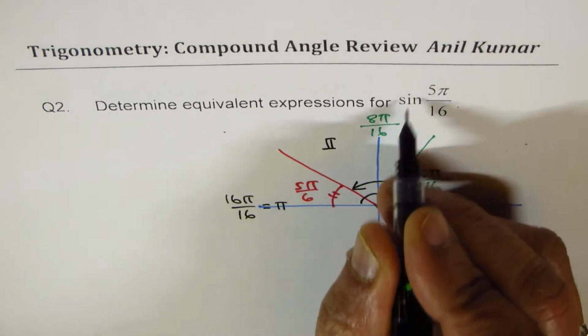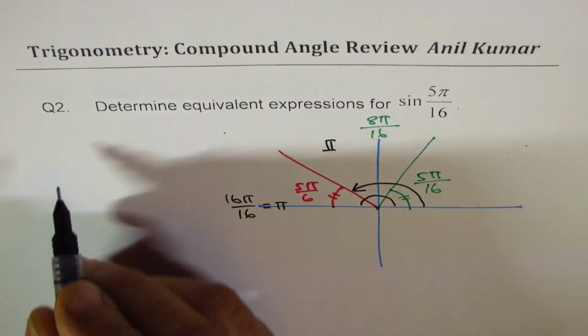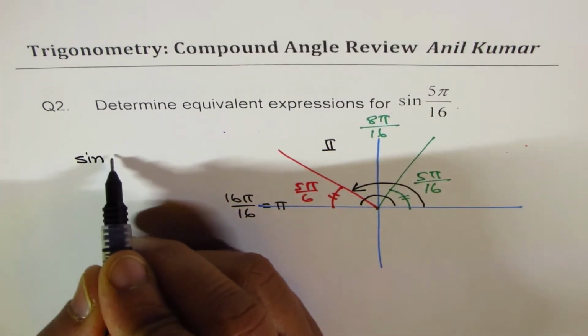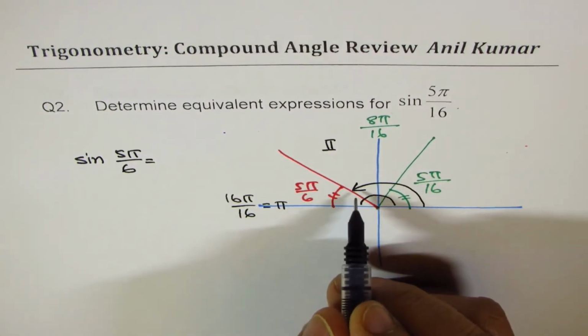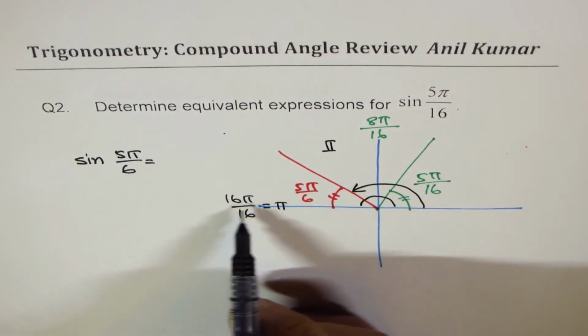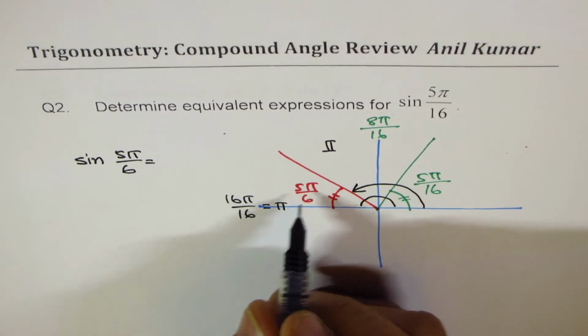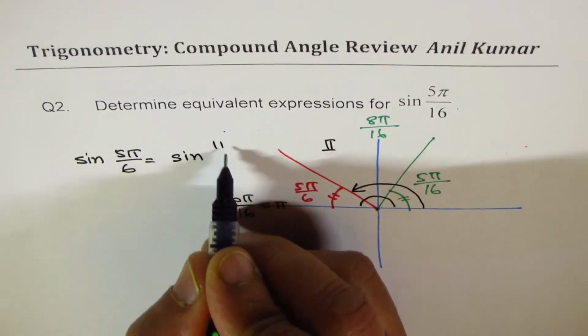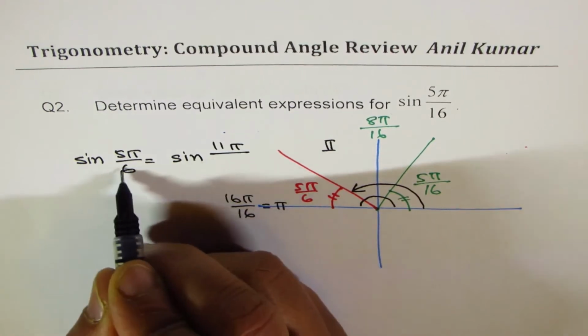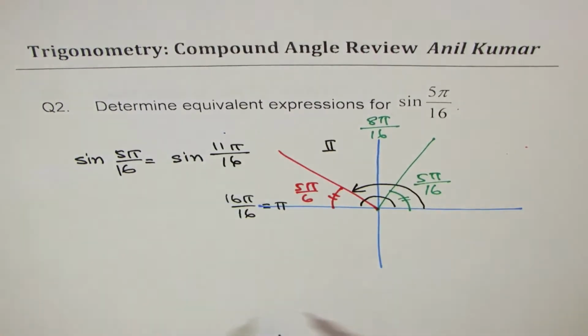In quadrant 2, sine is positive, and therefore I could write sine 5 pi by 16 as also equal to 5 less than 16, which is sine 11 pi by 16, right?